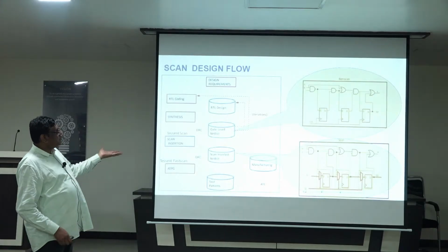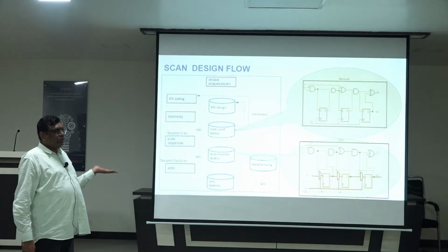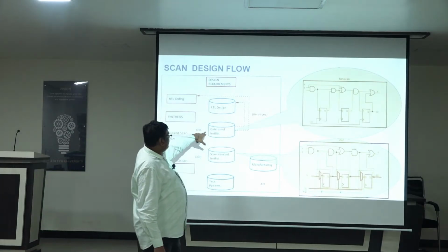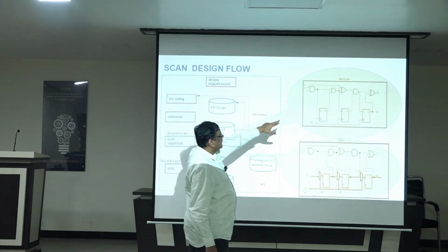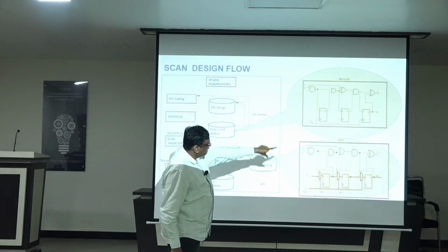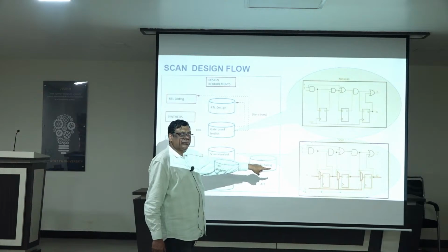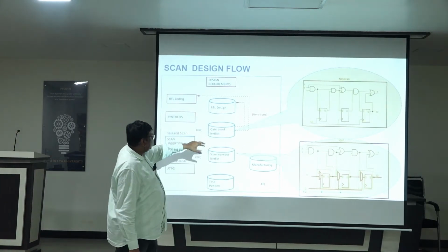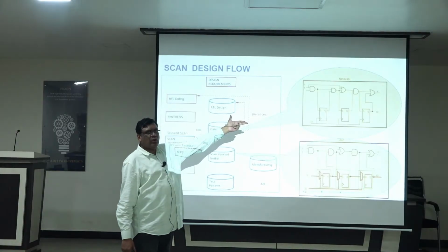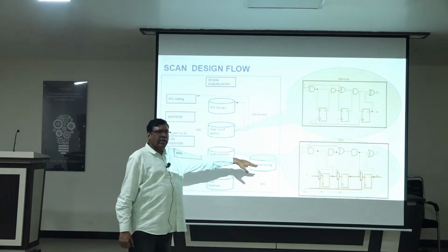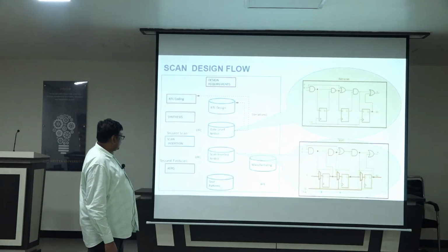From the implementation perspective on a tool, these are the basic steps after design and RTL code. Whenever a gate-level netlist is there, it will be like this. After scan is inserted, all the flops will be converted into scan flops. I want to show you one demo of how it looks at the gate level before and after.